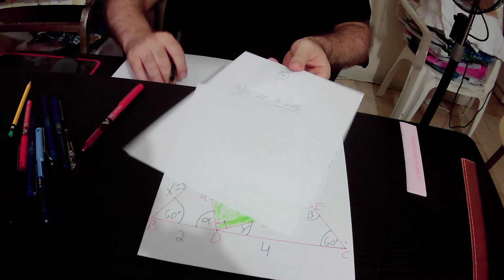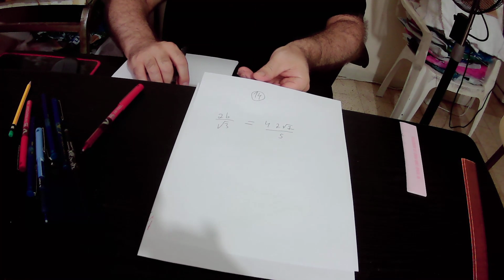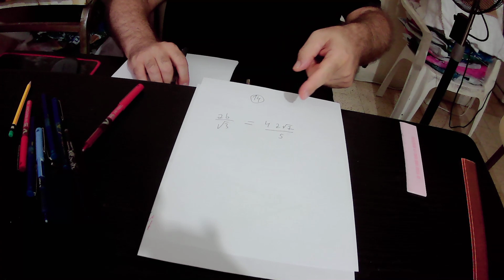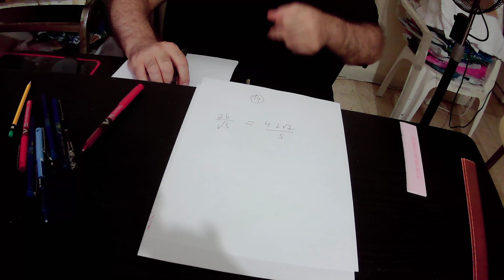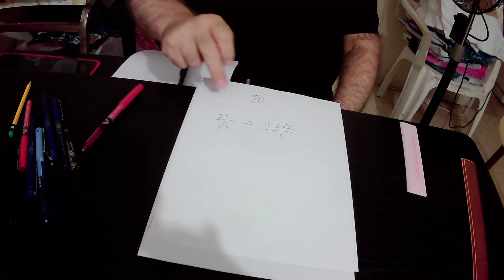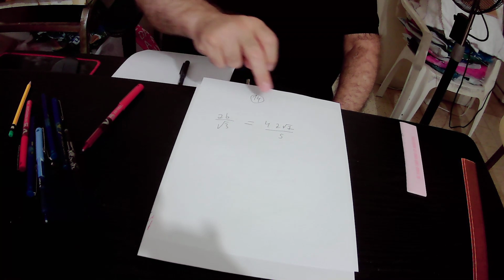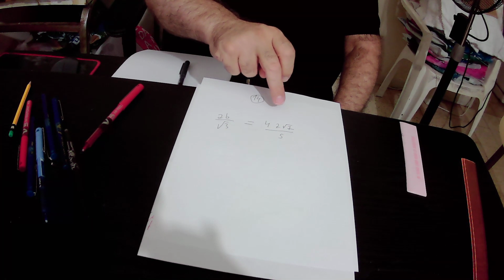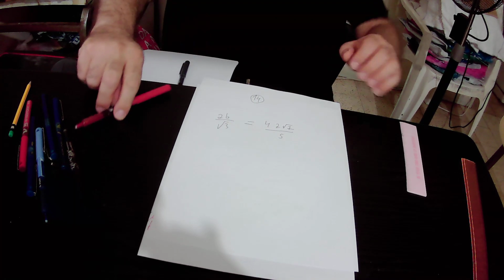So we got that 2b over root 3 equals to 4 times 2 times root 7 over 5. First of all, we have 2 in the numerator of this side of the equality, and we have 2 in the numerator of the other side of the equality, so we can cancel 2.